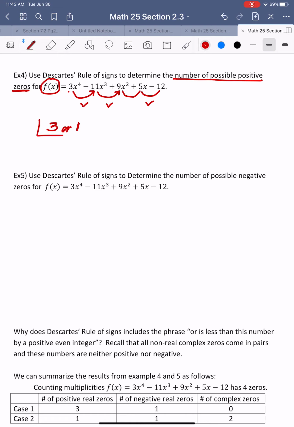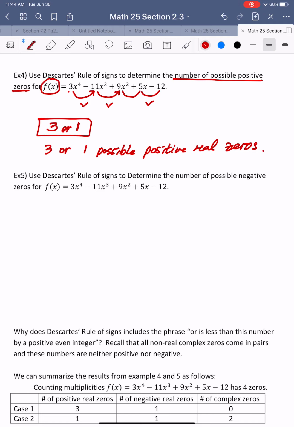So this means that you might have 3 or 1 possible positive real zeros. If you say, oh, I might get 2, no, that's not possible. I might get none, that's not possible either. So at least you can get a positive real zero from here. But real zero means it contains rational and also irrational.